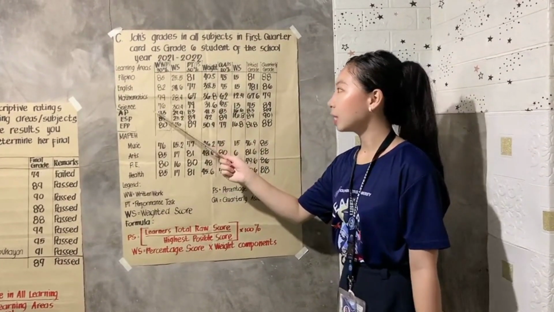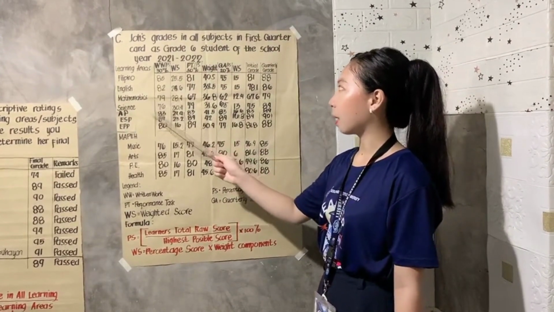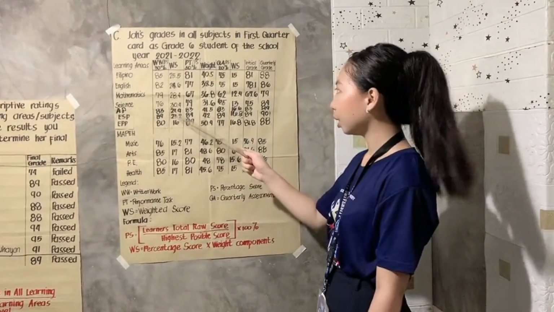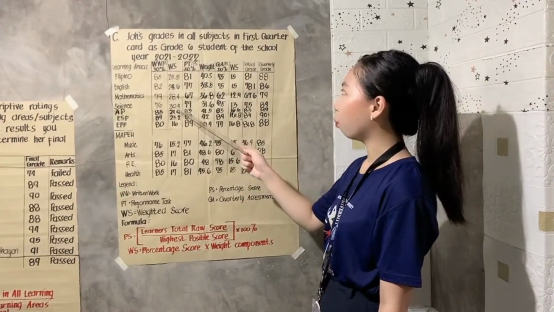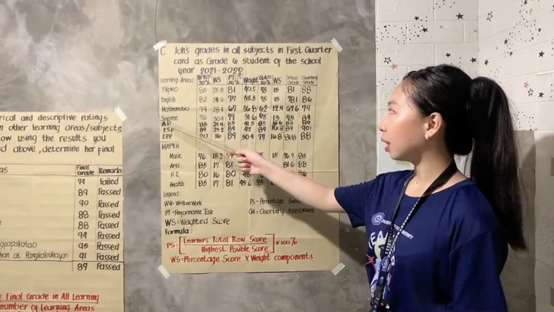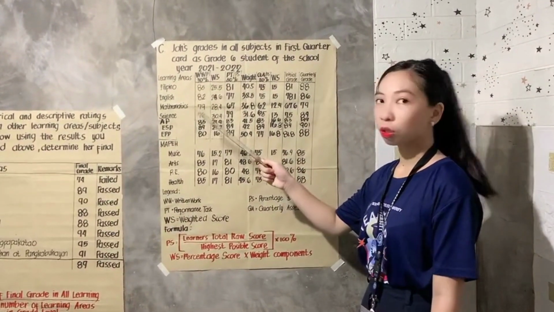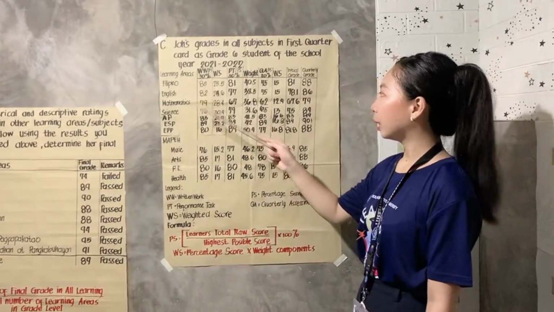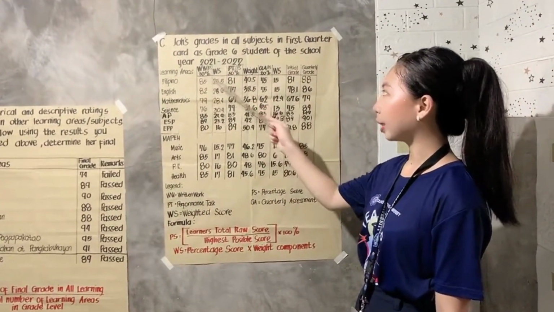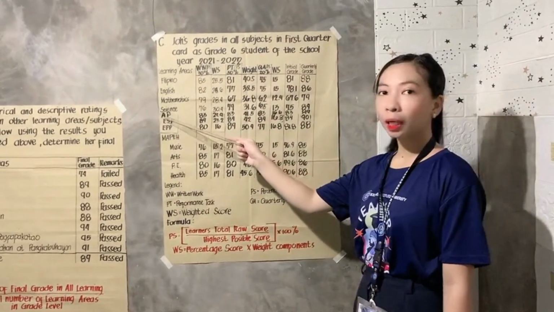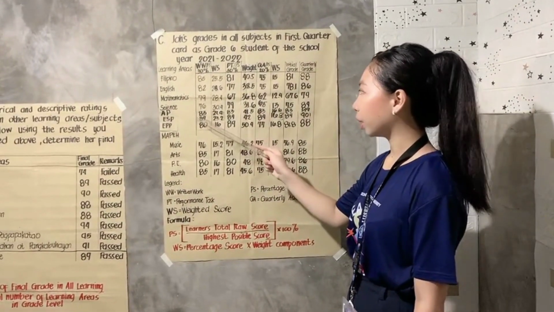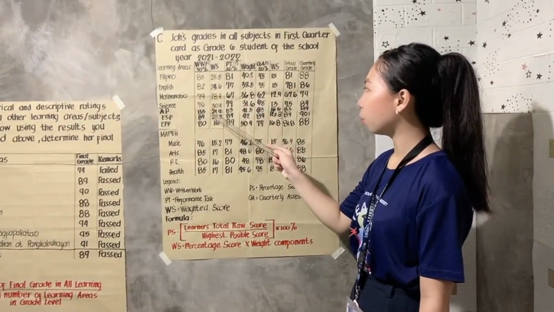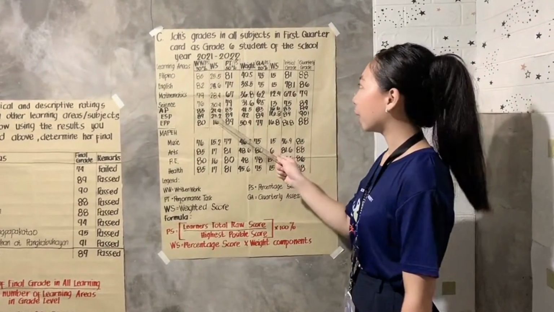In science, he got 76 percentage score, multiplied by 0.30, he got 30.4 as a weighted score. In Araling Panlipunan, he got 83, multiplied by 0.30, he got 24.9 as a weighted score.